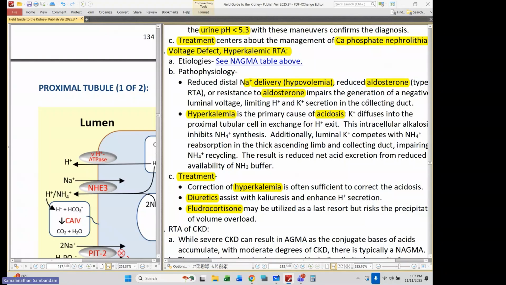It would also be bad from a volume standpoint. These patients are predisposed to volume retention by their CKD, and you can precipitate volume overload by injudiciously using fludrocortisone. So if you're going to use it, it should be used with diuretics if the diuretic therapy alone is not working.